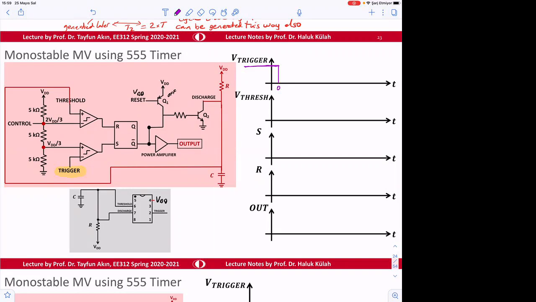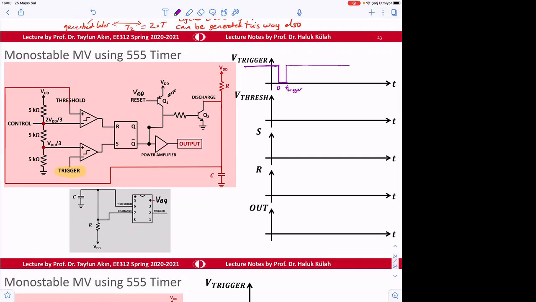Before trigger, what happens, and after trigger, what happens. So before trigger, and then this trigger is going to last a certain time, let's say T trigger, and then it will go back to the original state, okay?